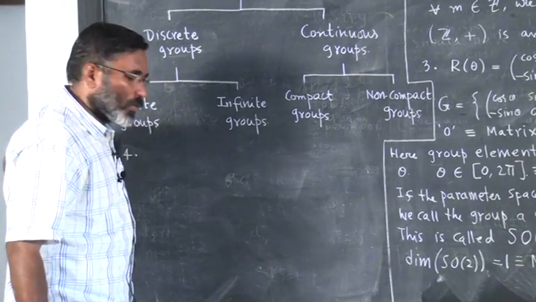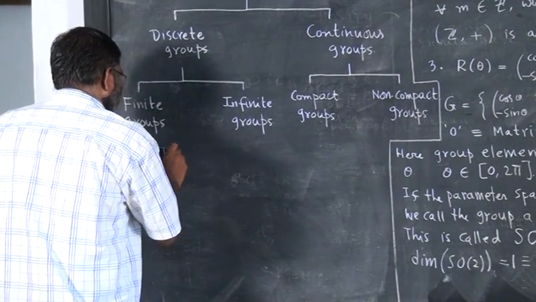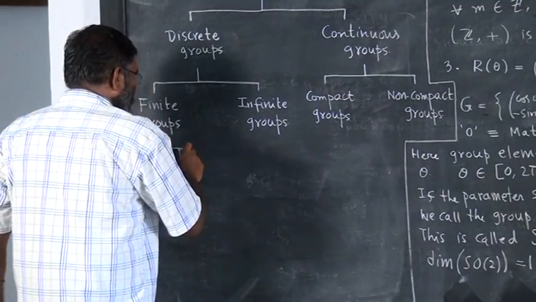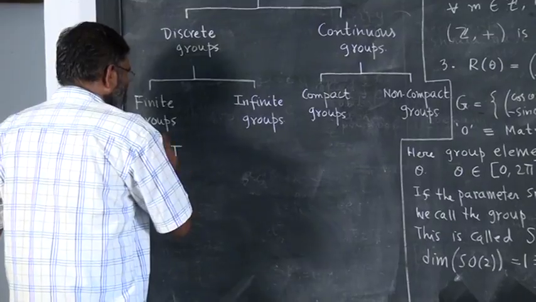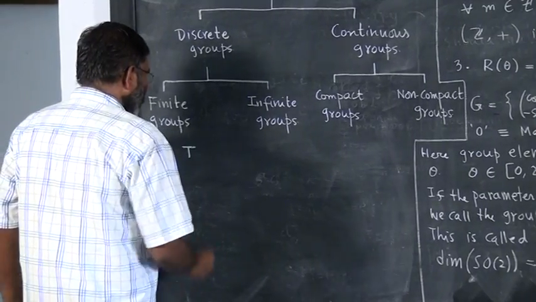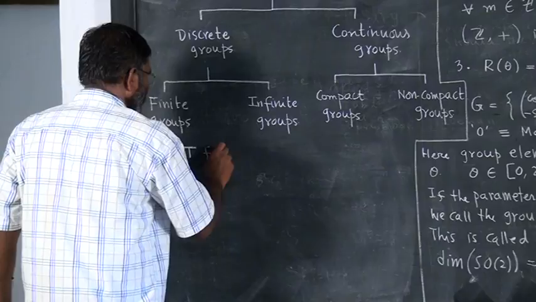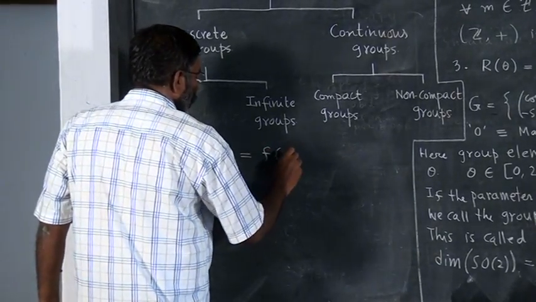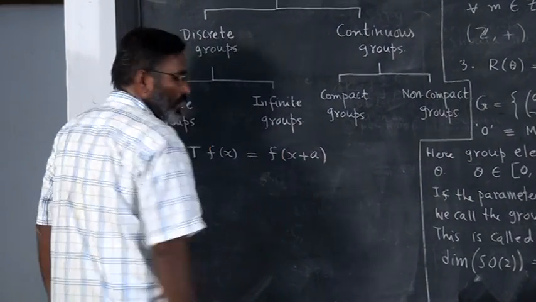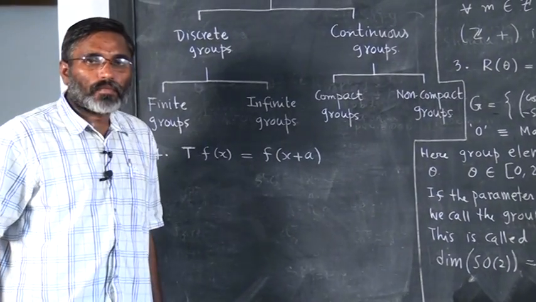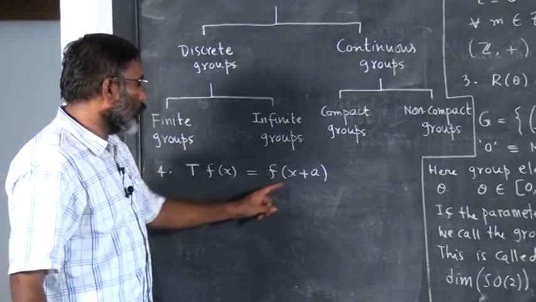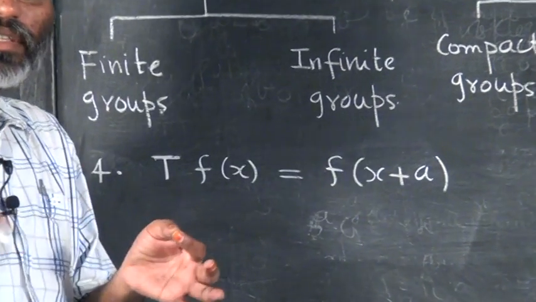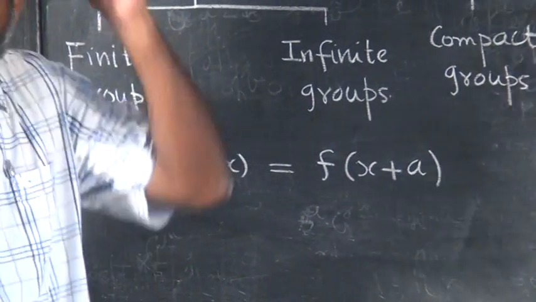Suppose T acting on any function f of x will make this f of x plus a. Just one-dimensional translation along the x-axis.